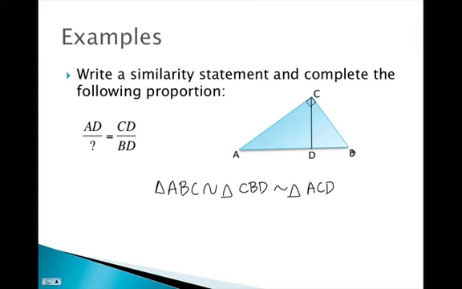We have three different triangles that can be divided up here when we've drawn the altitude from the right angle. So here is our similarity statement.